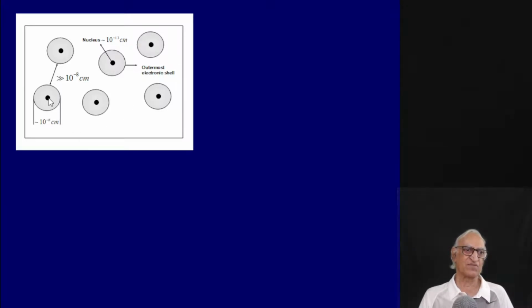The central dark dot is the nucleus, whose dimensions are of the order of 10 to the power minus 13 centimeters, and the atoms themselves are of the size 10 to the power minus 8 centimeters, and the distances between the atoms are very large compared to the sizes of atoms. Therefore, the interaction energy between the atoms is small compared to their kinetic energy, and therefore a gas can be regarded as an ideal gas.